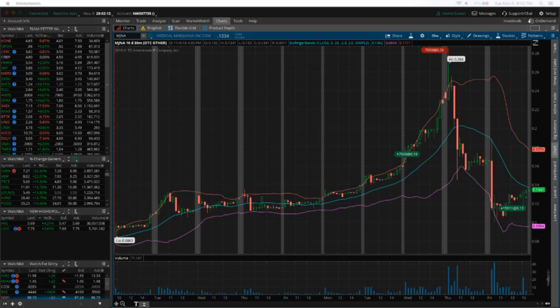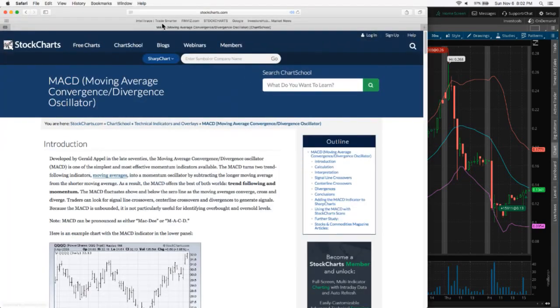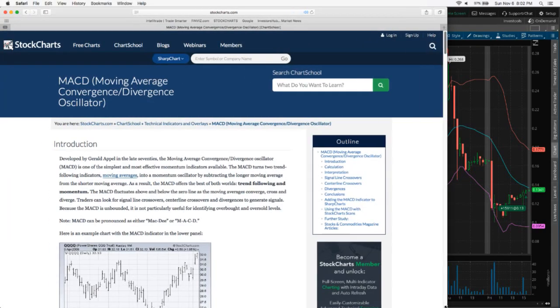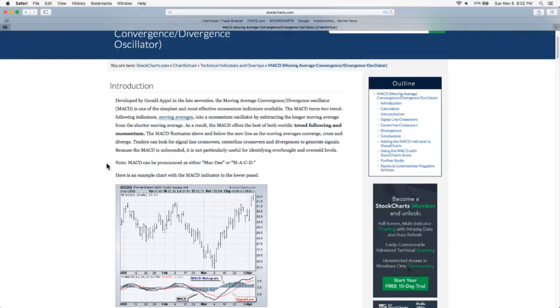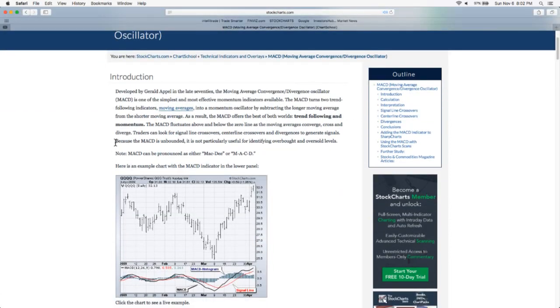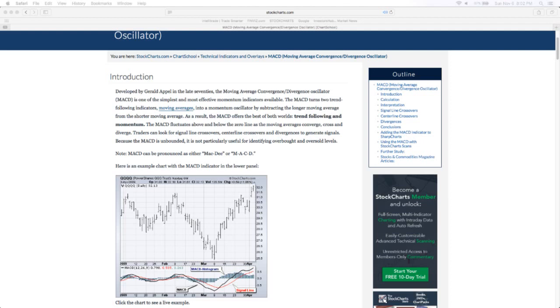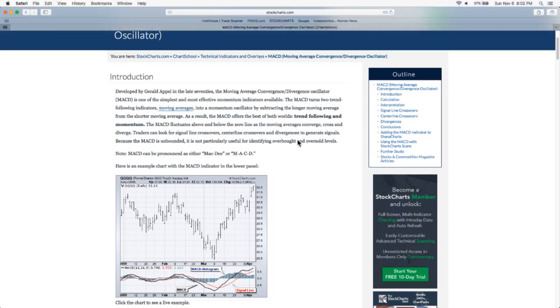So let's start with the MACD. Basically, the MACD is a really powerful and simple trend indicator.